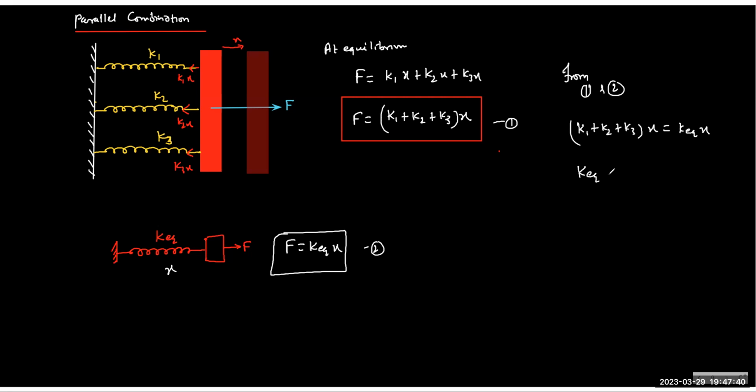So the K equivalent comes out to be the summation of Ki. You just need to add, which is very simple. No need to worry. And in this case, the K will grow. Okay. And if it is identical, it will become n times.